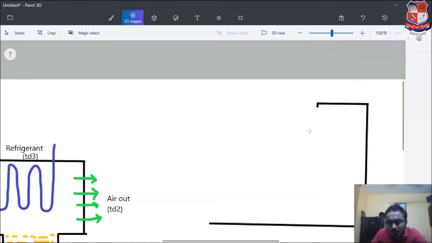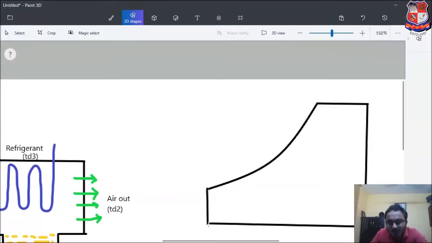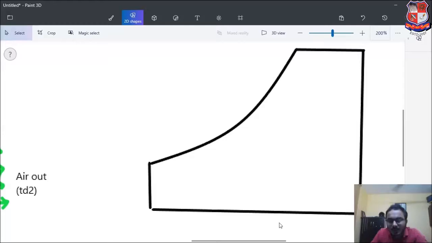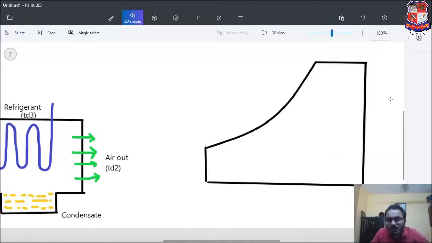Now, as you know very well, here this horizontal axis is for the dry bulb temperature and the vertical axis is for the specific humidity. Now as you are aware, the process that should go will be cooling and dehumidification, so it should go in this direction.